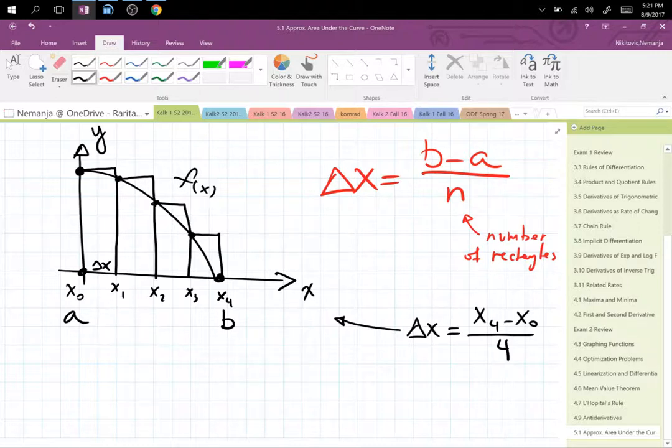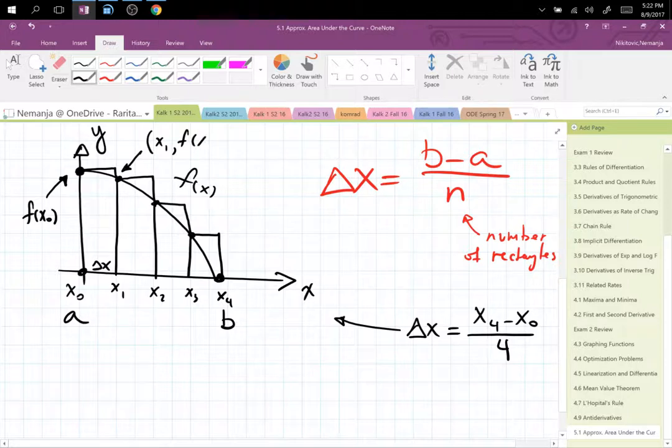And now, if you notice here, this point on the y-axis is f computed at x0. This point here is x1 and f computed at x1. Then you have the next point, which is x2 and f computed at x2.